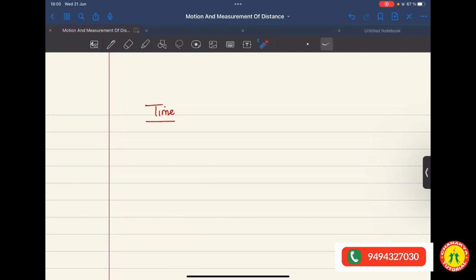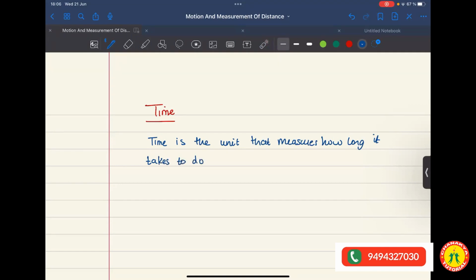Okay. So time is the unit, as Tarakeshwaran told, that measures how long it takes to do any work. And as Aishwarya told, obviously it is related to distance.